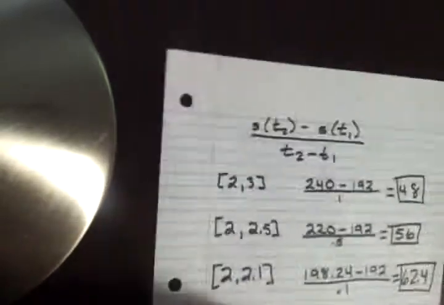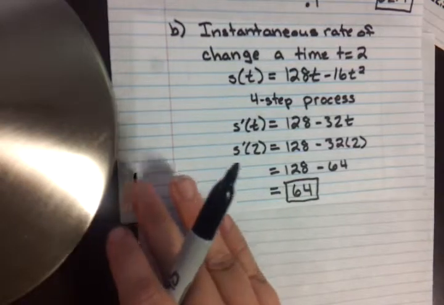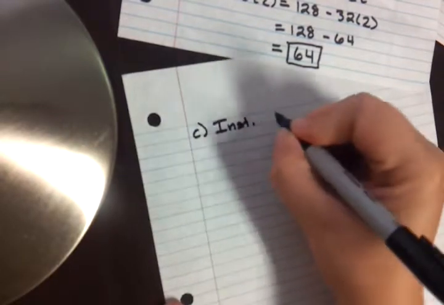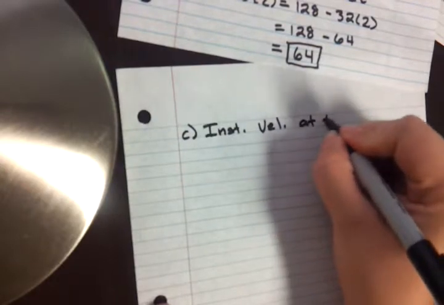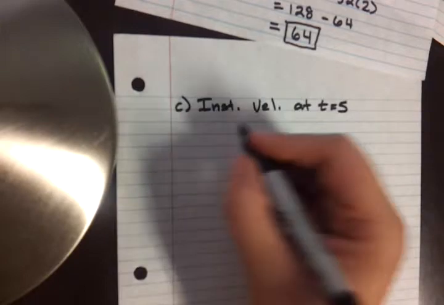So let's take a look then at part C, which, by the way, is very similar to part B. They're asking for the instantaneous velocity at time t equals 5. So it's the same question, pretty much. We just need that derivative that we came up with in the last one.